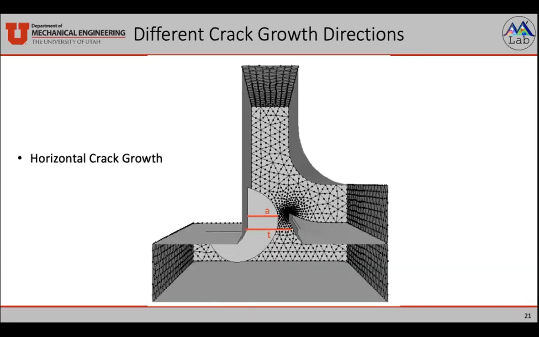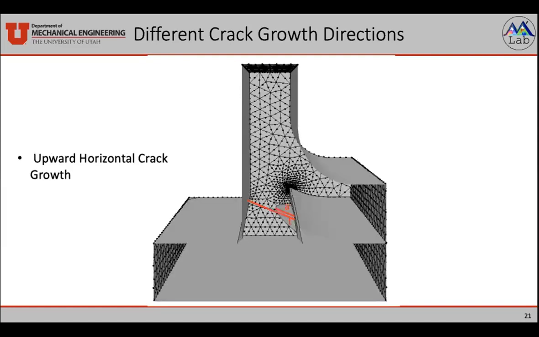Another crack, when we rotate that previous crack 90 degrees, we start to get this crack growth path. The thickness was also defined as that thickness of the weld, and the A was the distance from the initial crack insertion point to that deepest point there.